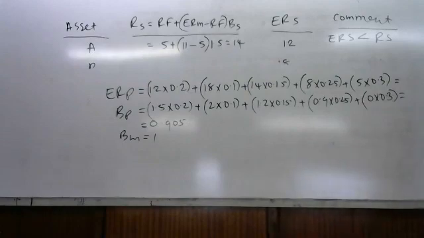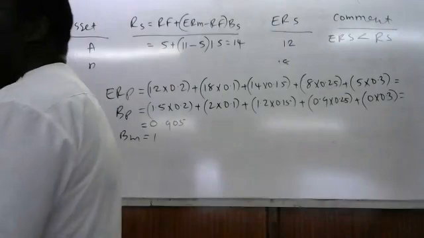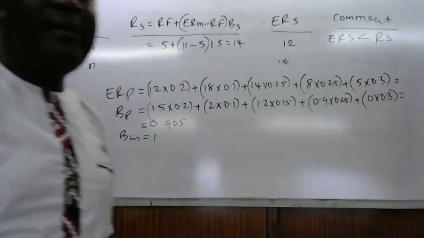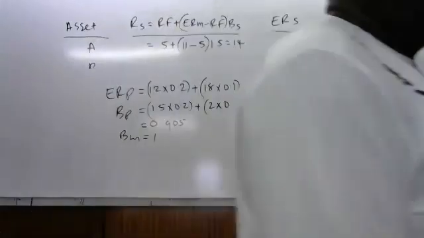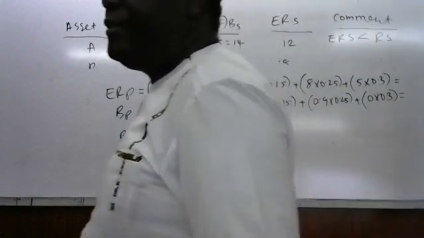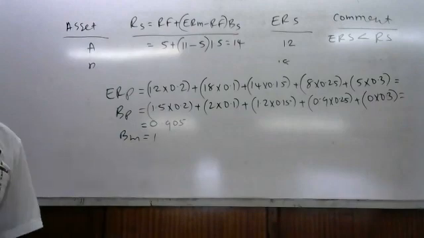So the conclusion here is that he is a defensive investor, or a risk averse investor, since the beta factor of the portfolio is less than 1.